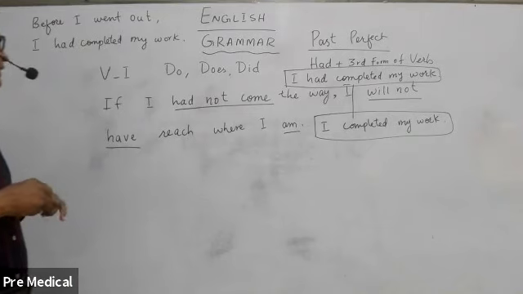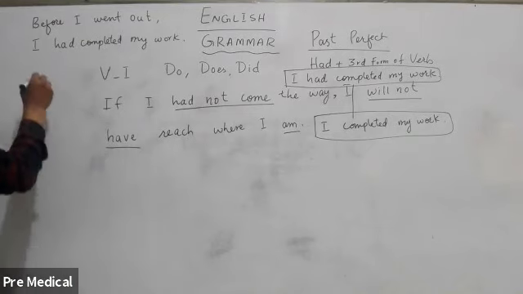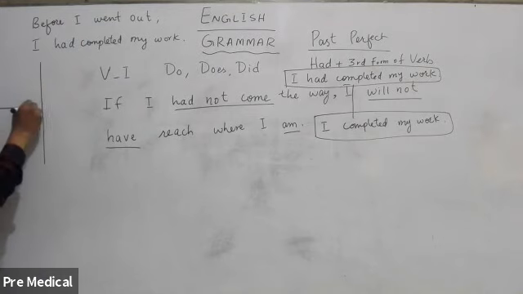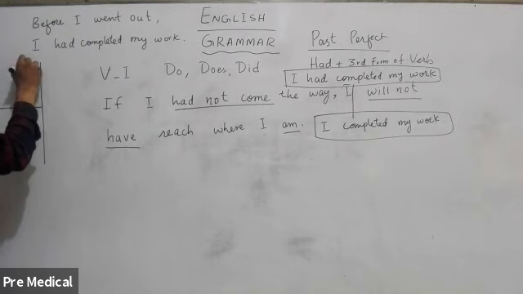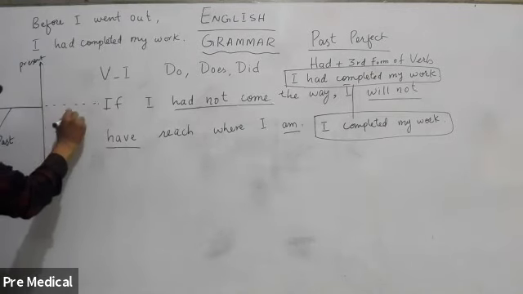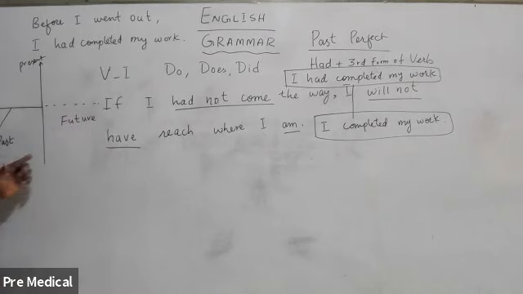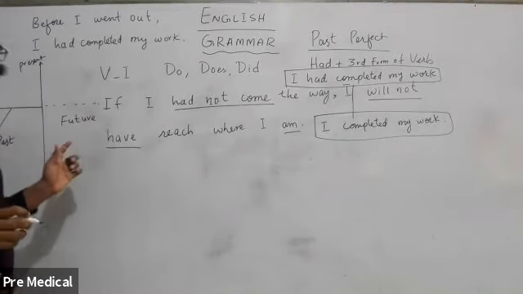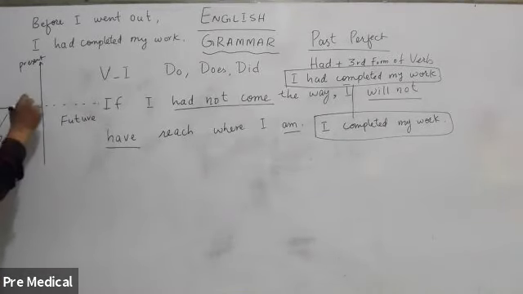We can also understand this by drawing a timeline. For example, this point is present, this is past, and this goes to the future. This timeline can help us understand that there is one action that happened in the past.